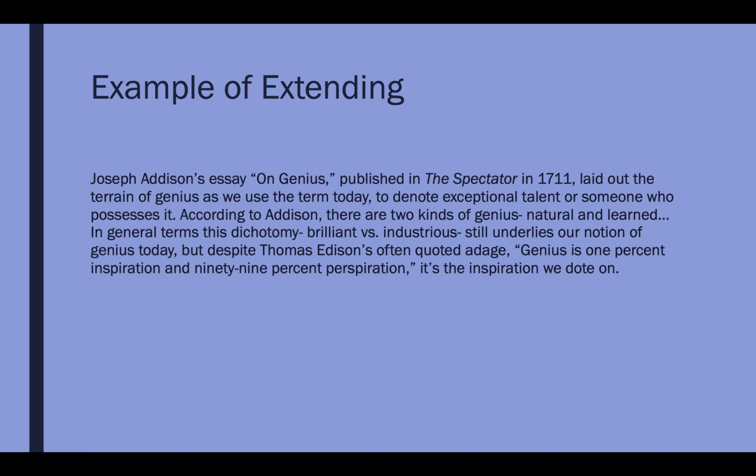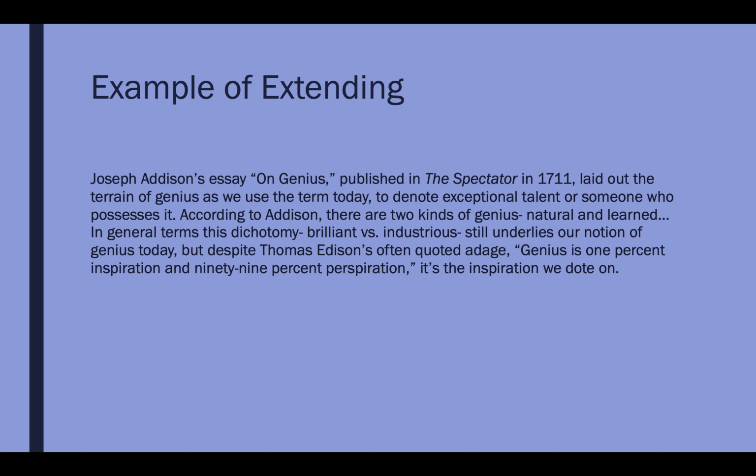An example of extending would be this one: Joseph Addison's essay on genius, published in The Spectator in 1711, laid out the terrain of genius as we use the term today to denote exceptional talent or someone who possesses it. According to Addison, there are 2 kinds of genius, natural and learned. In general terms, this dichotomy, brilliant versus industrious, still underlies our notion of genius today.